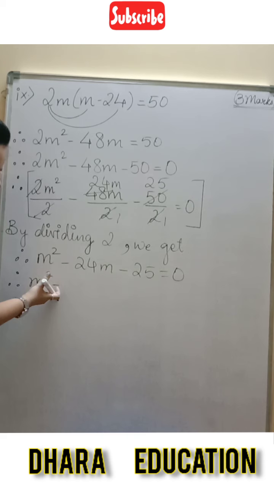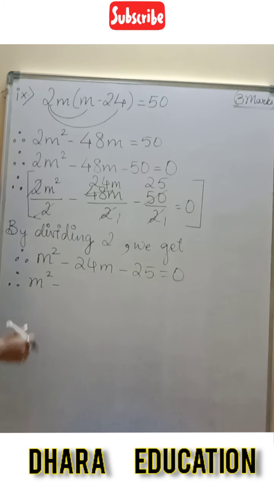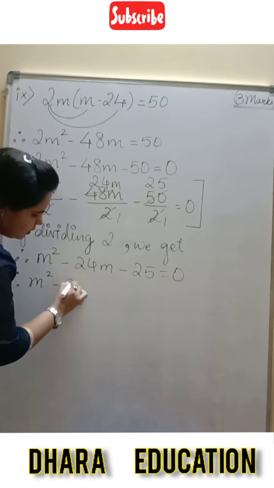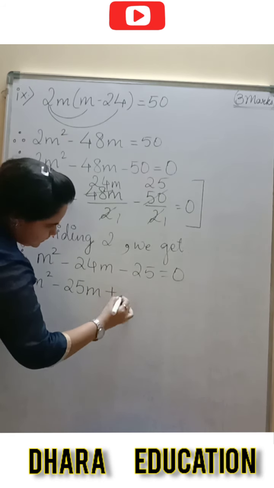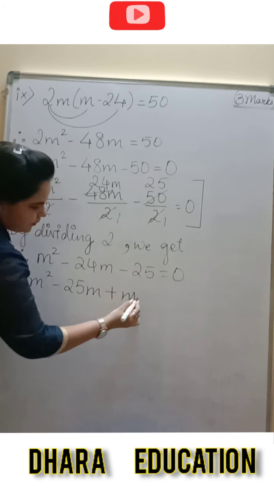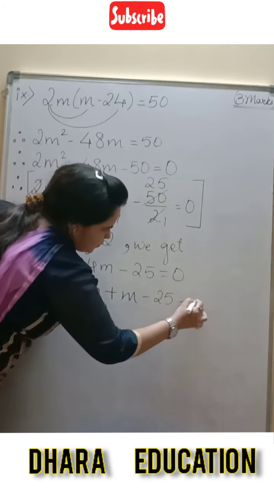So never get confused. The first term always keeps that sign only. It is a constant sign. So minus 25m plus m minus, as it is, 25 is equal to 0.